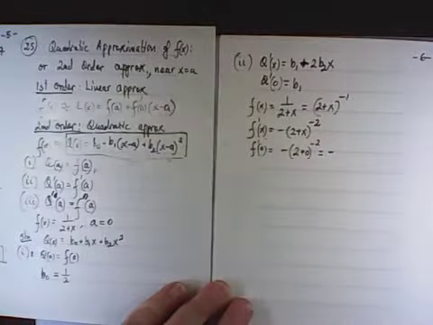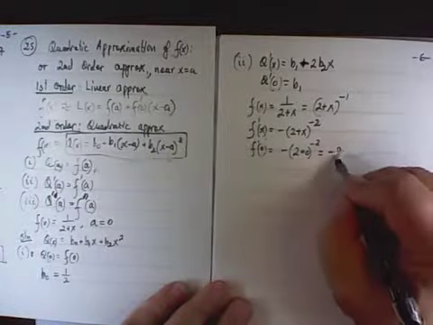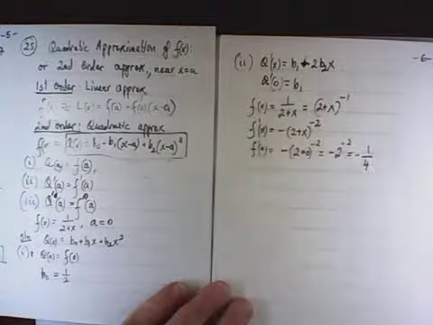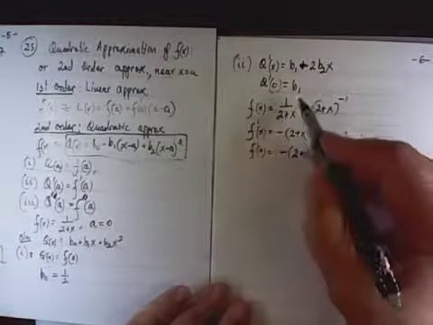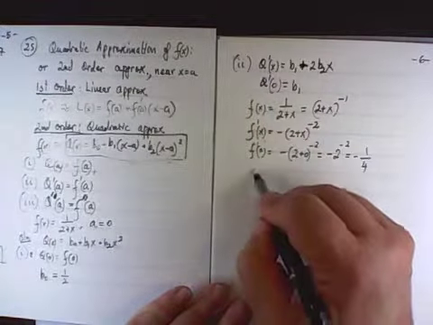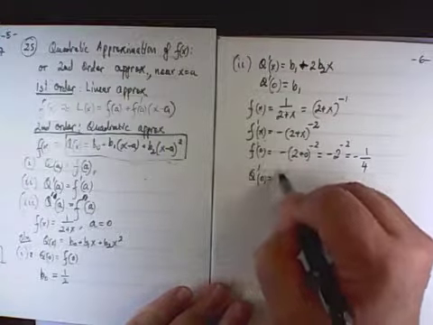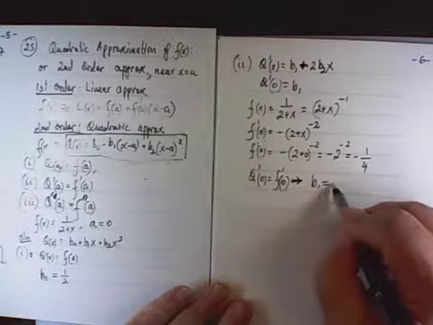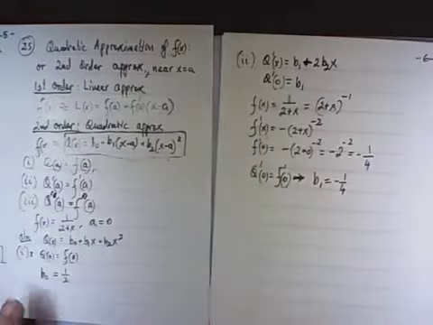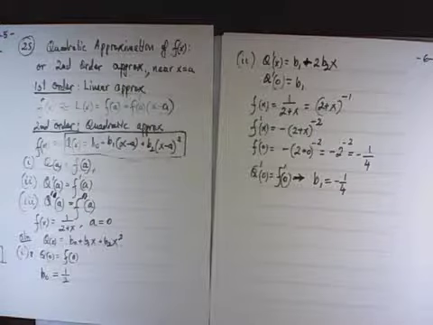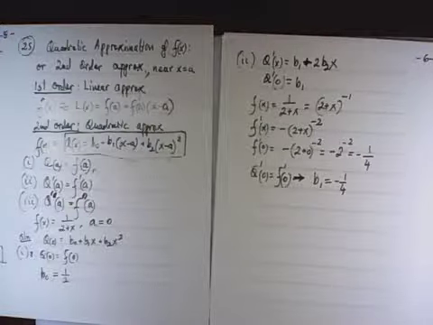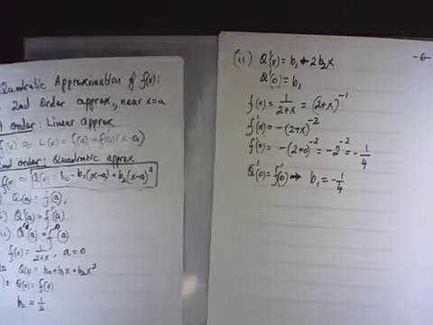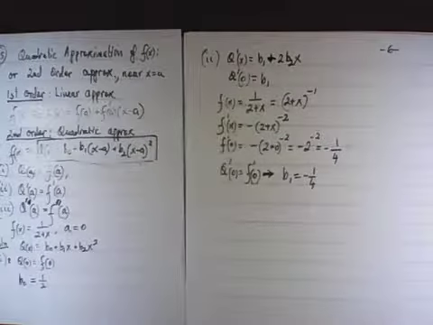And that will be negative 2 to the negative 2, or simply negative 1 over 2 squared, or negative 1/4. So because Q prime at 0 equals f prime at 0, b1 equals negative 1/4. So now we have b sub 0 is 1/2, and b sub 1 is negative 1/4. And to find b2, we need to go to the third condition.